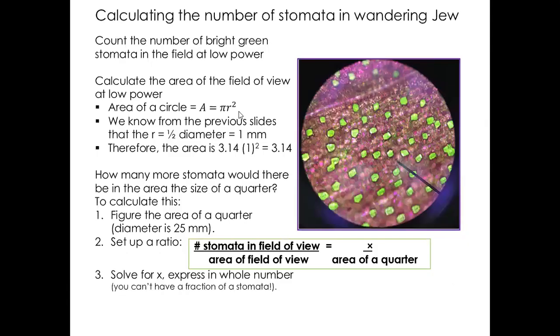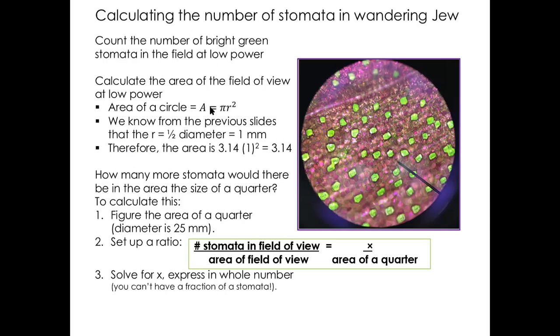So if we want to calculate the area that we looked at, we know the formula for the area of a circle is area equals pi times r squared. What's r? R is your radius. Radius is half the diameter. So if the diameter was 2,000 micrometers or 2 millimeters, remember, your radius is only half that, so it's 1 millimeter. All right.